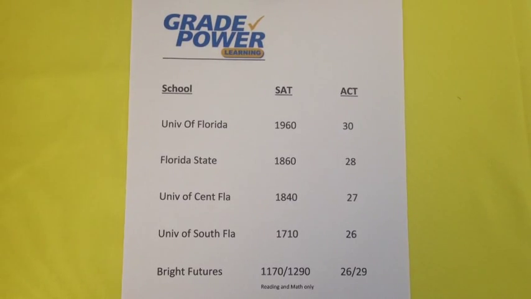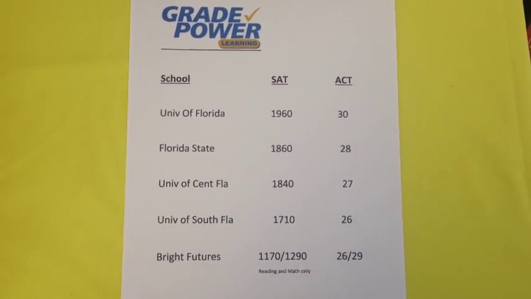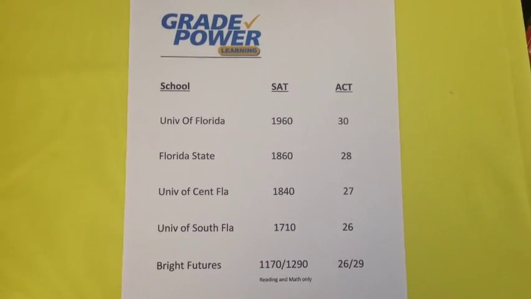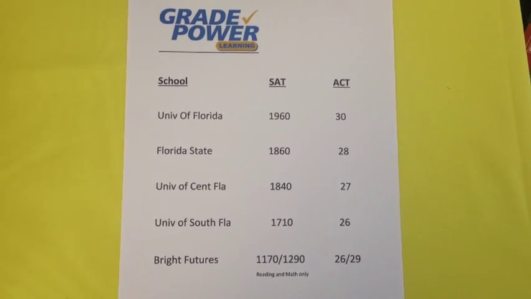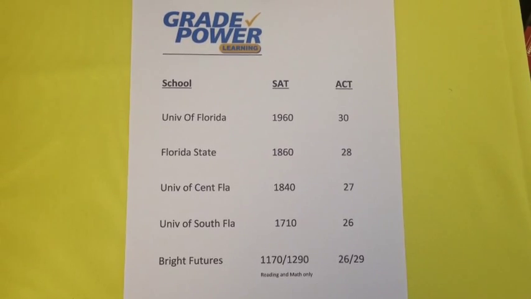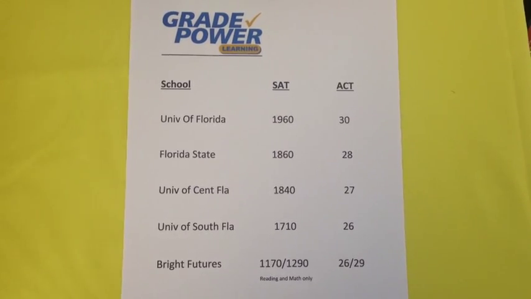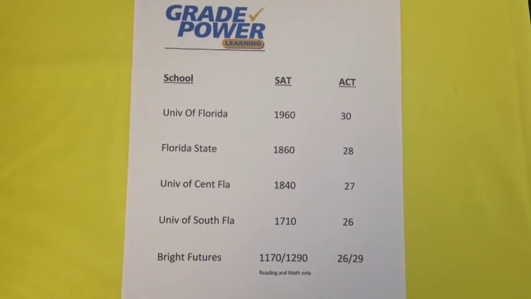At FSU, the average SAT score is an 1860 with a 28 on the ACT. For UCF, the average SAT score is 1840 or a 27 on the ACT. At USF, the average SAT score is 1710 or an average ACT score of 26.